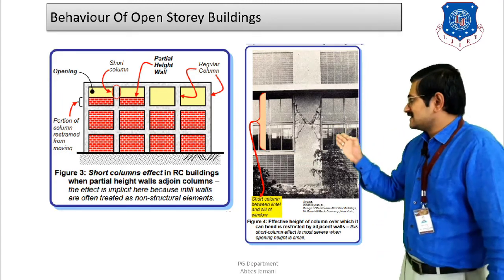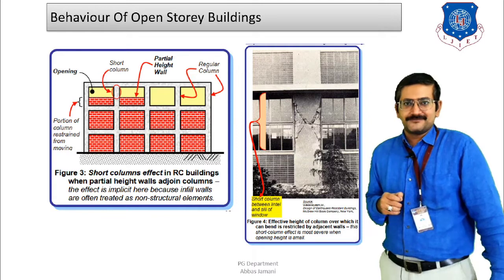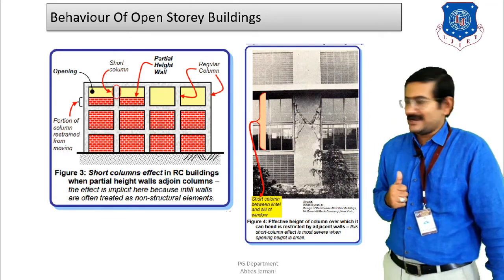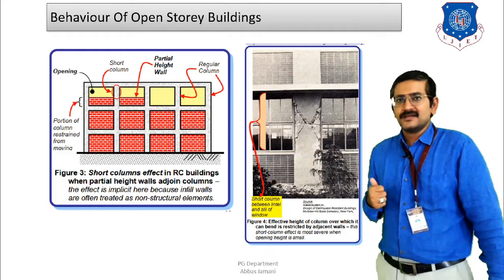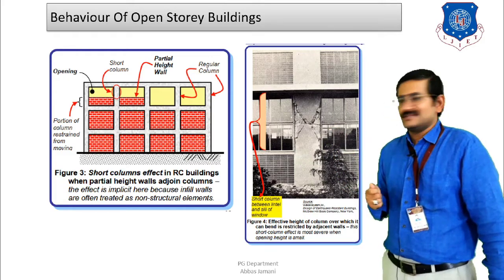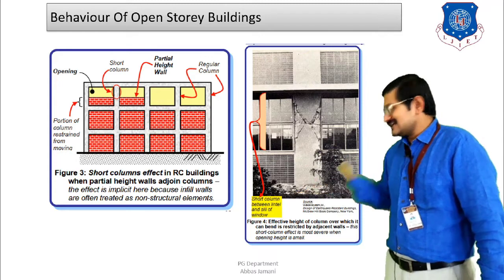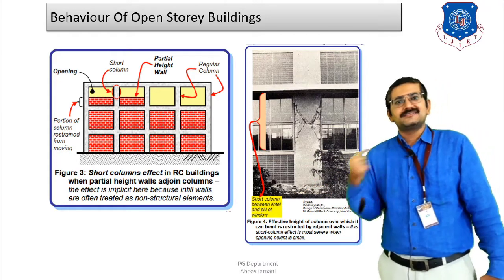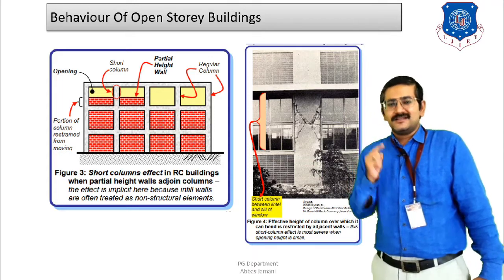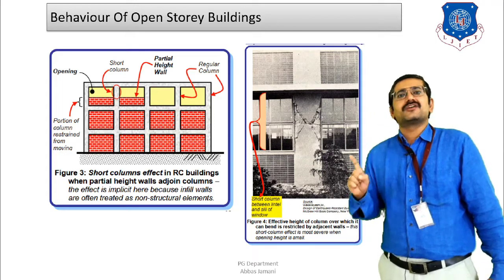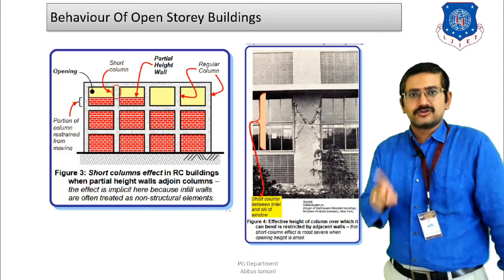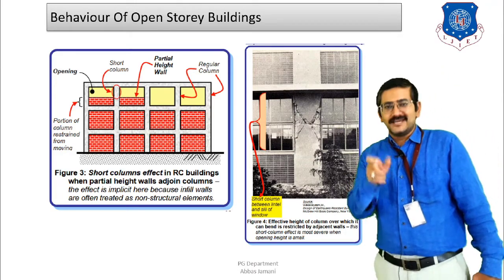And secondly, the second figure is showing you the failure pattern, that is the X-shaped diagonal cracking, as we have seen in the last slide, right? So this type of failure pattern will be seen. What is happening here is that the lintel band is provided, and the sill band is also provided. Whenever you take the bars of the lintel band and sill band through the columns, then the unsupported length in that particular direction, we are going to have a major axis and a minor axis, that is why I am using the word direction, right?